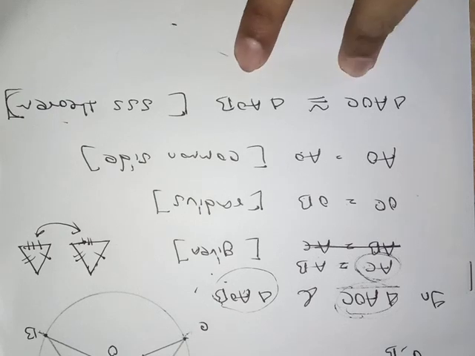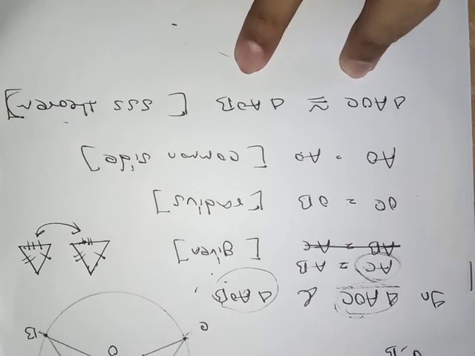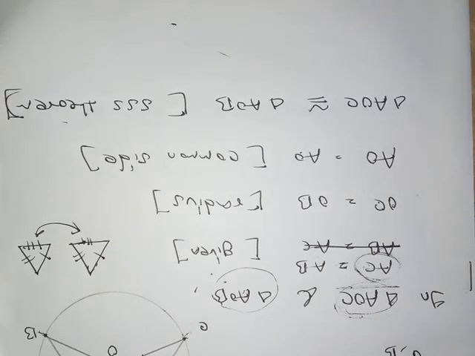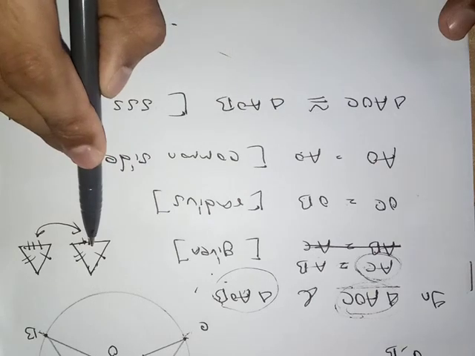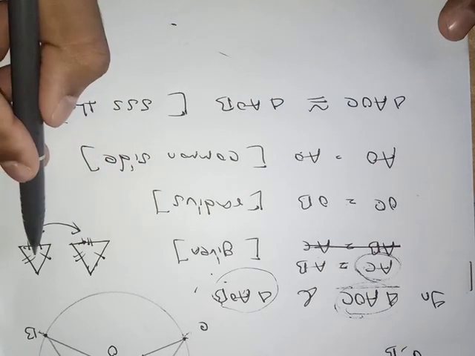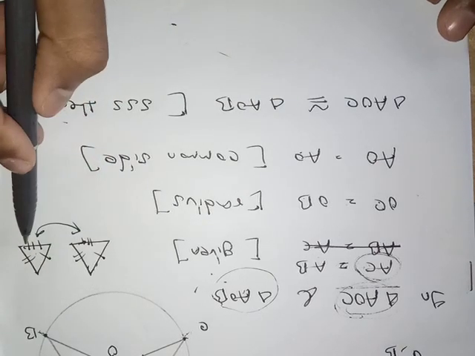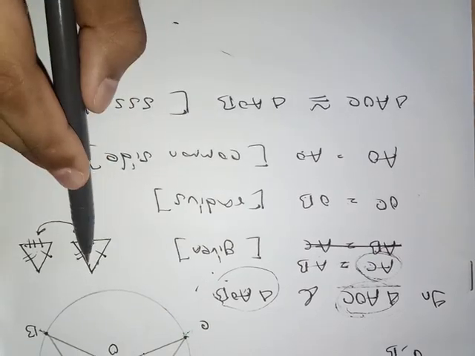Since these two triangles are congruent to each other, we can say every angle is also equal. That means the three angles of this triangle are equal to the three angles of this triangle.